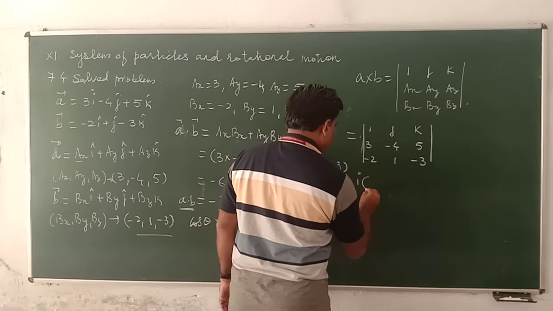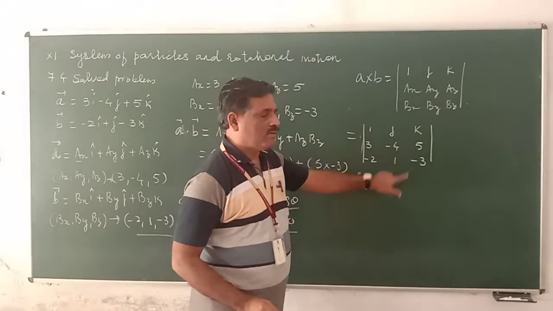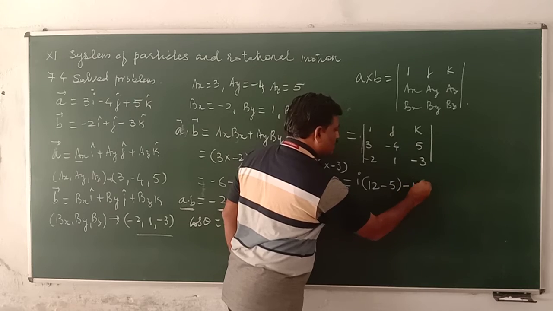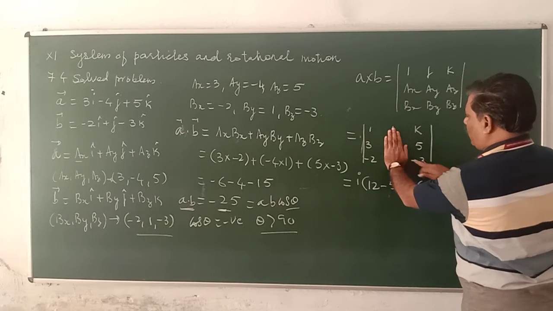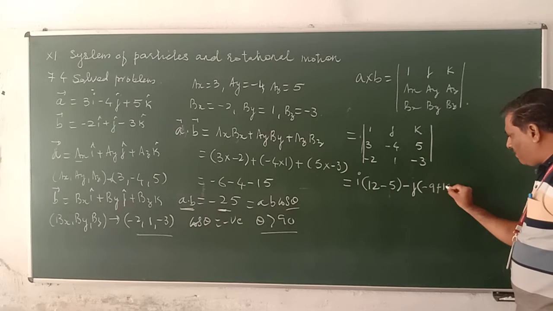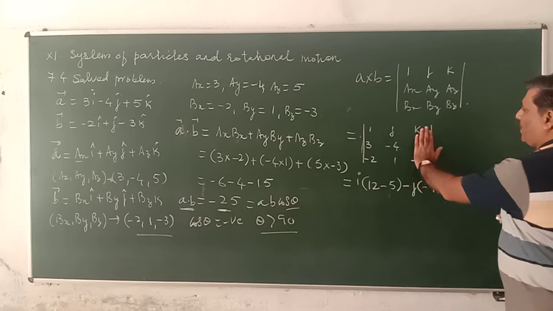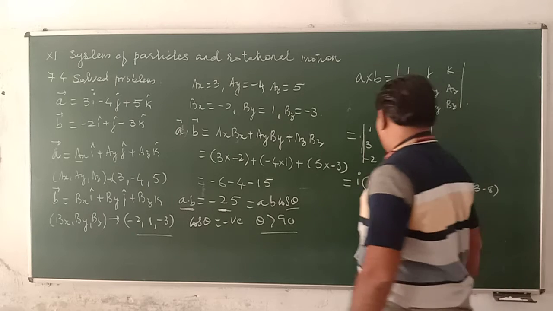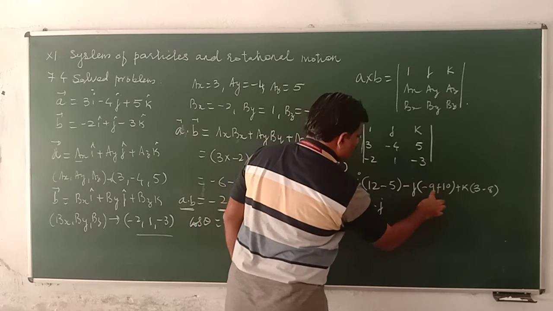For i we solve: the product of these two is 12, minus the product of these two, 5. The middle term is taken with a minus sign. Then this we block and take this product first: minus 9, minus 10, will become plus 2. Then the last one is plus, and 3 minus 8.